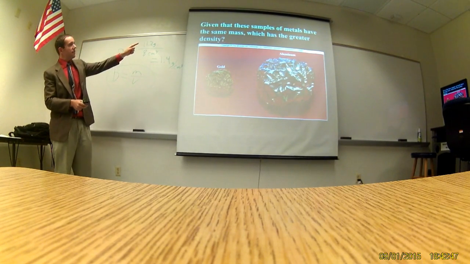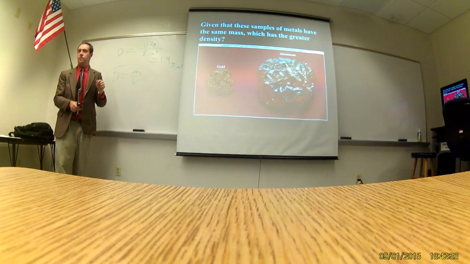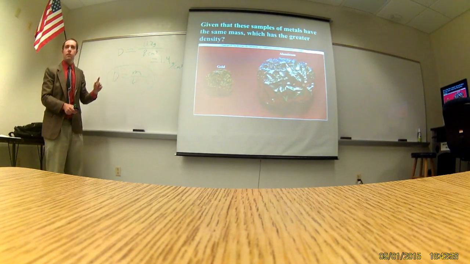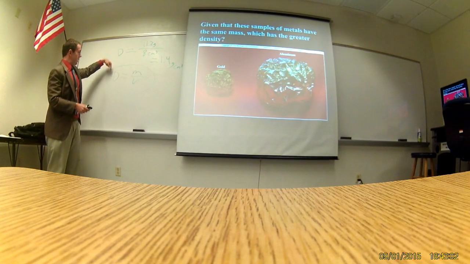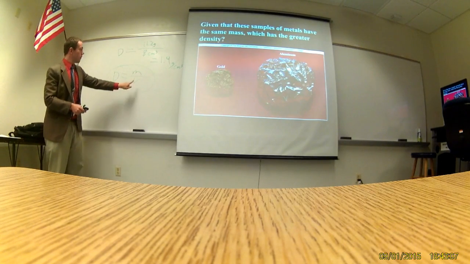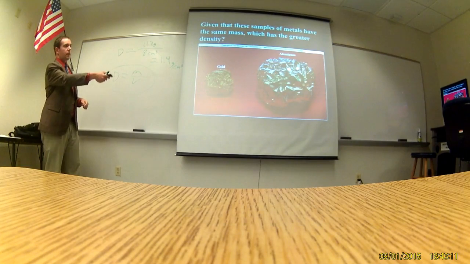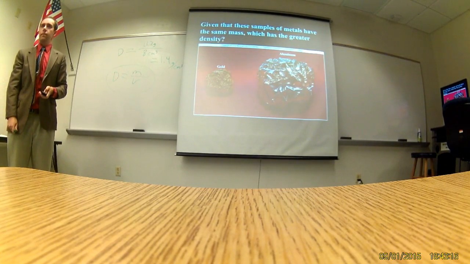So here, the top of our equation is not going to change. When volume goes up in this equation, what happens to our density? It goes down. Volume and density go in opposite directions. So the one with the largest volume has the lowest density, and aluminum clearly has the larger volume. Make sense? Questions?